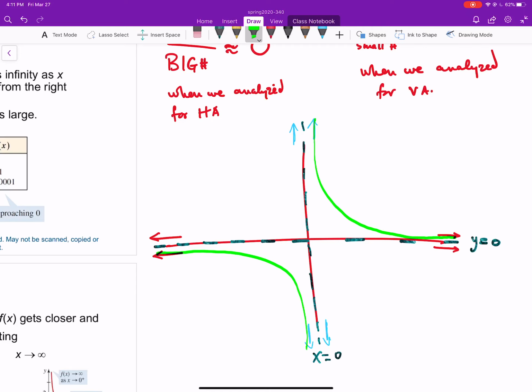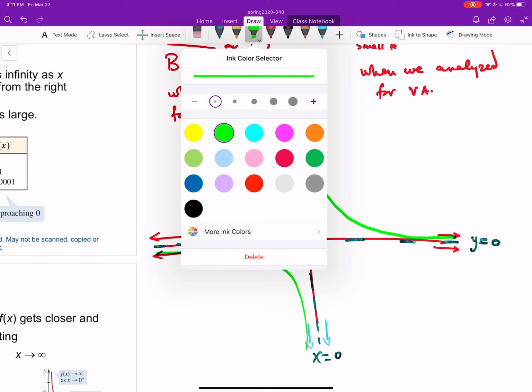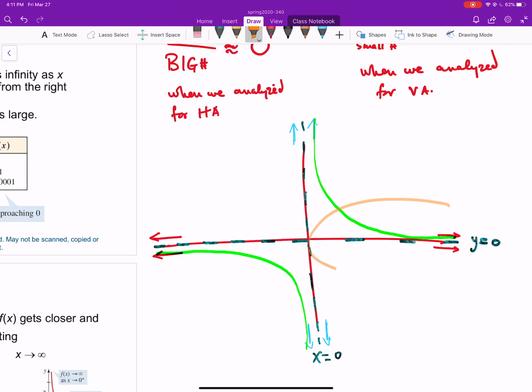If that wasn't clear, then you'd have to do some test values on this region and this region over here to see if the values are above the x-axis, or you do the same thing on the other side to see if the values of y are below the x-axis, so that you can have a rough sketch of what the graph should look like.